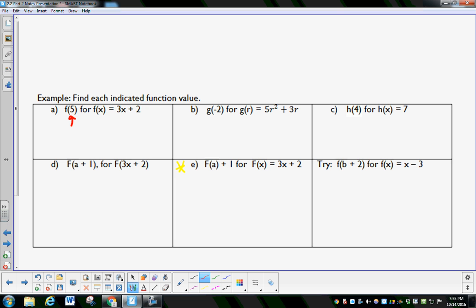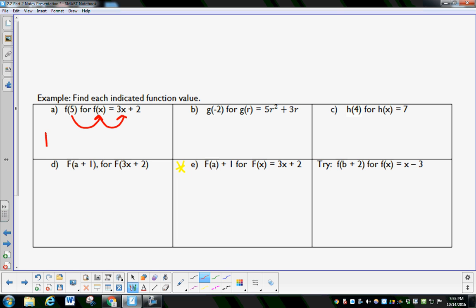On A, they tell us that we want to find f of 5 for f of x equals 3x plus 2. So we want to find the value of this function f when our input is 5. Where we see an x, we're going to put a 5 instead. So we're going to plug it in right there into our equation.